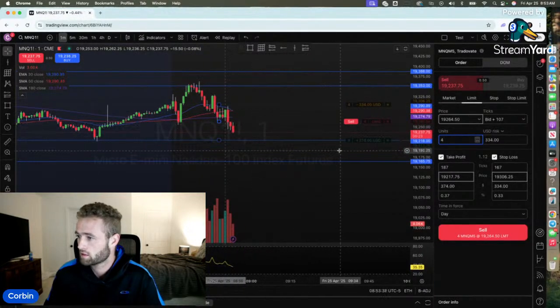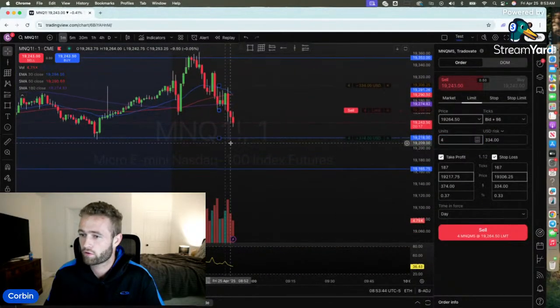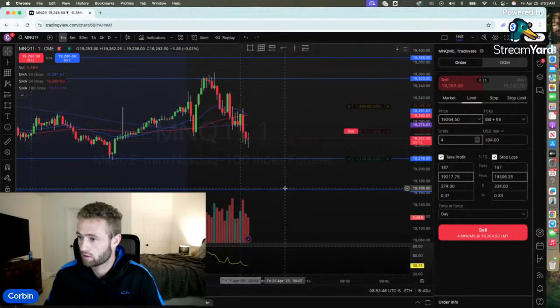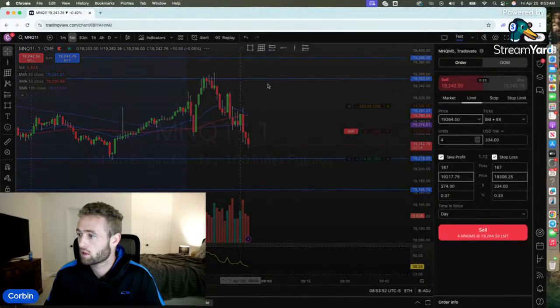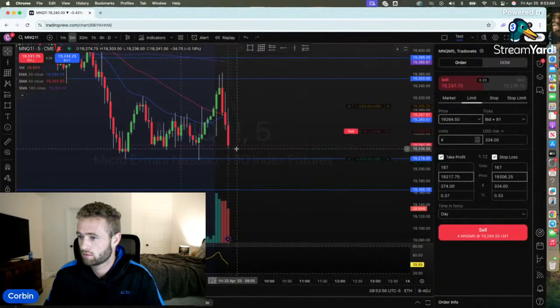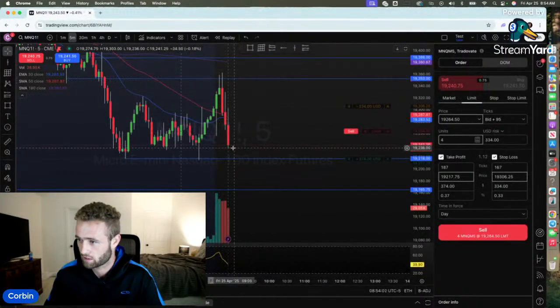All right. You can see it's too late to get into this move right now. In order for me to get in to the bearish side of things right now, I want to look at the 5-day, 5-minute again. Strong downside, but on the 5-day, 5-minute, we are still technically in an uptrend.